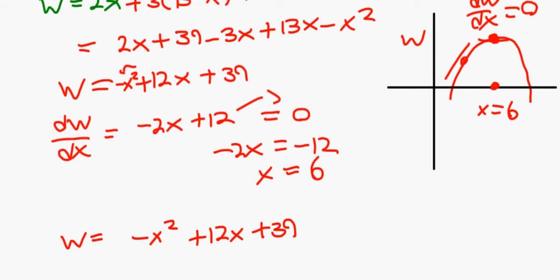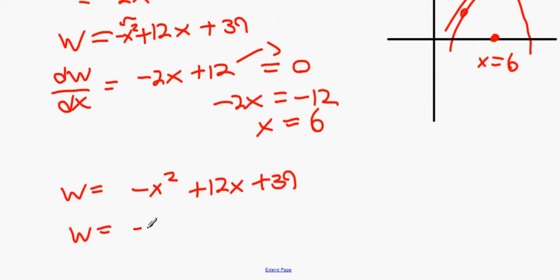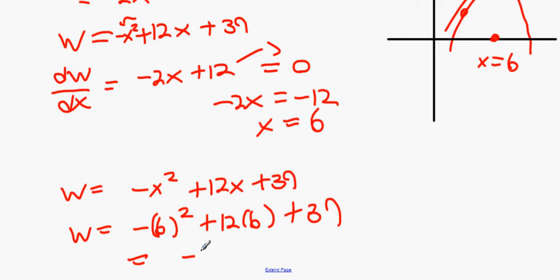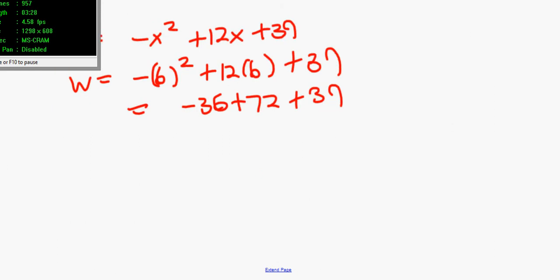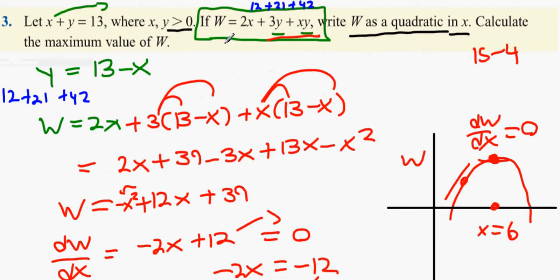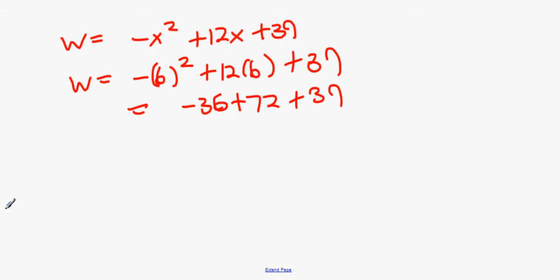So w equals minus 6 squared plus 12 times 6 plus 39. Put that into the calculator, we get minus 36 plus 72 plus 39. To calculate the maximum value of w, w therefore is going to be equal to 75 meters squared.